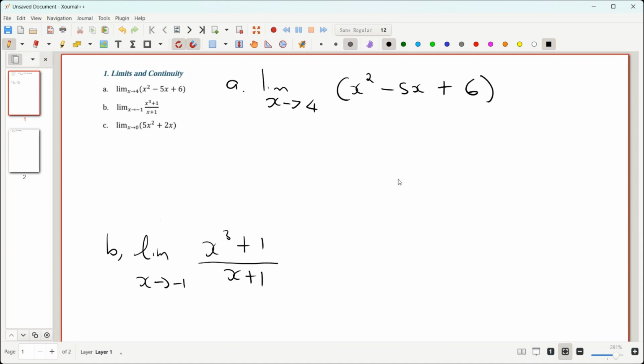So, if we can check number A, we have to solve a limit as x approaches 4. So how do we solve this limit? In place of x, you can just substitute 4 and then use your calculator and determine what you get.